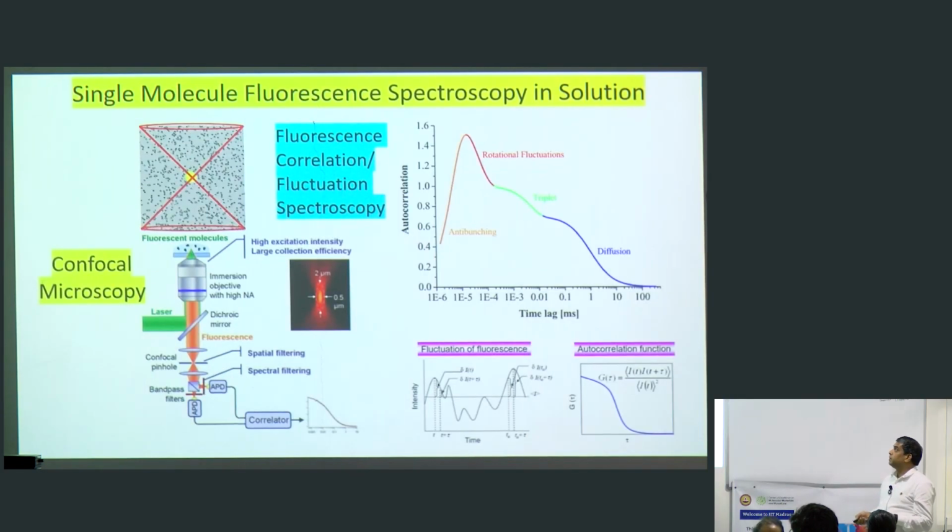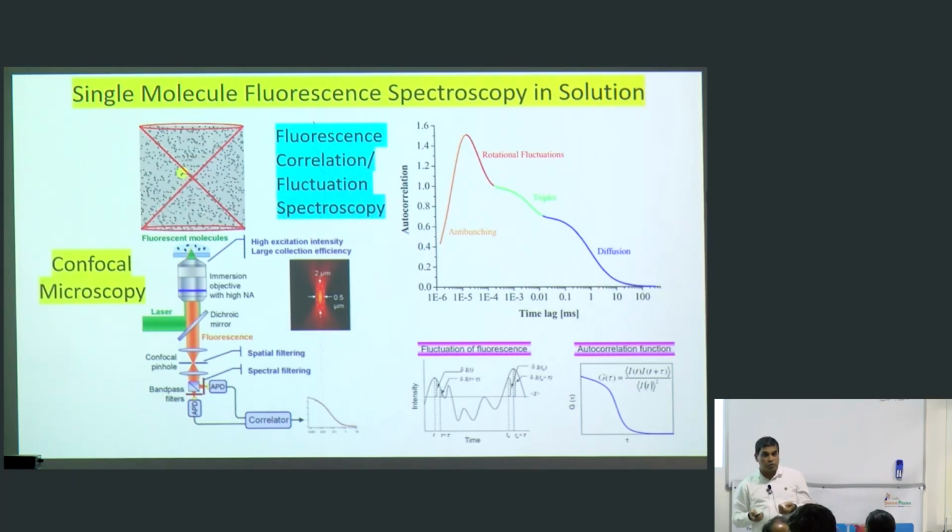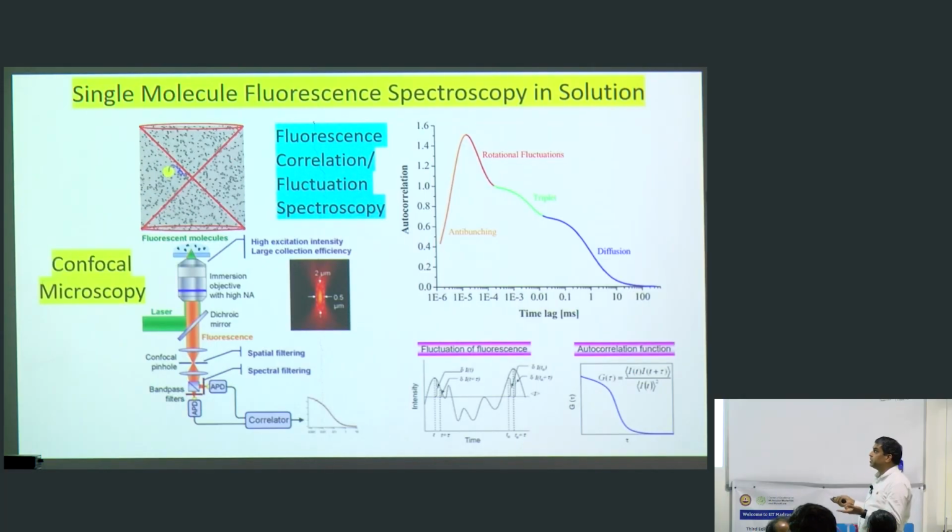The other one, I hope some of you might know, is fluorescence correlation spectroscopy, which basically works in the solution phase. For that you want to have a confocal microscope.